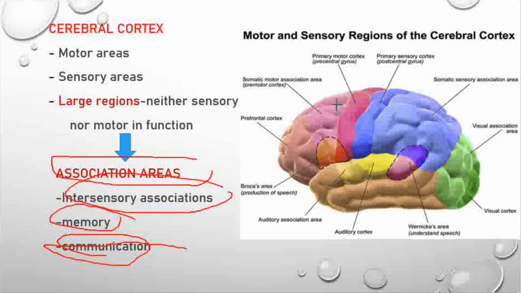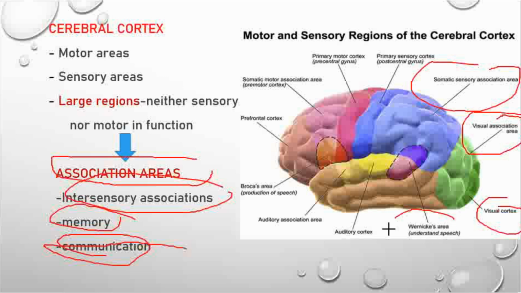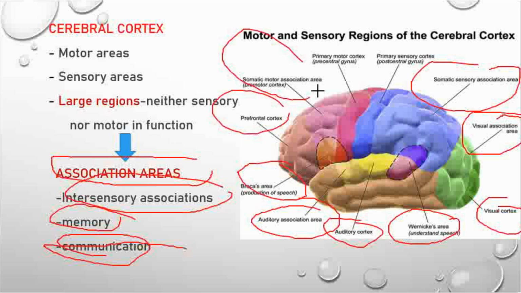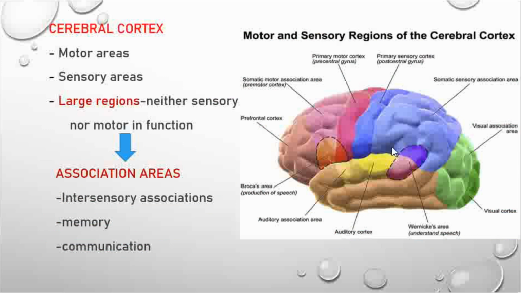In the picture you can see the different areas: somatic sensory area, visual association area, visual cortex, Wernicke's area which understands speech, auditory cortex, auditory association area, Broca's area, prefrontal cortex, somatic motor association area, primary motor cortex. These are different regions. Just know them, you don't have to remember them.